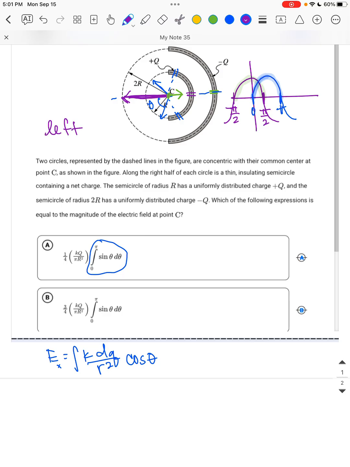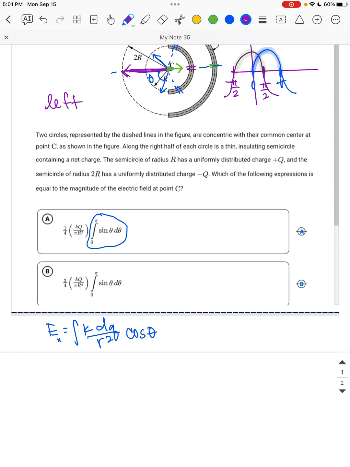So I'm just going to solve this as a general expression. I'm going to solve for the single radius for the small circle, r, first, and then plug in the 2r and subtract them later. If we're solving this, I know that lambda is equal to dq over ds, and I know that ds is equal to r d theta.